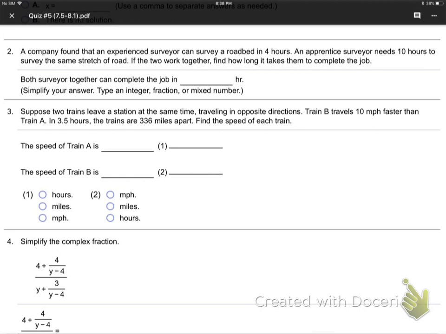Can you read all that? Company found that an experienced surveyor can survey a roadbed in 4 hours. An apprentice needs 10 hours. If the two work together, how long? You've got to try to see what you remember about these kinds of word problems.